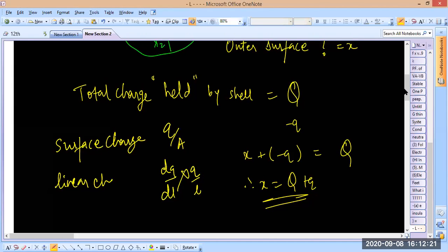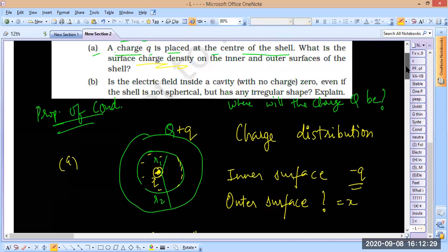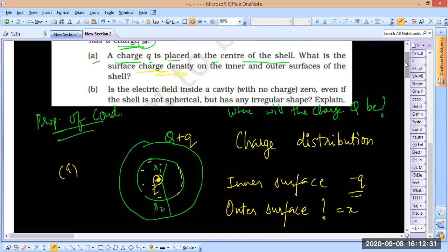After 1 minute, we will go to the next question, next part, that is B. Hurry up, come on. What Q won't come? Sorry, I don't understand what you're saying.